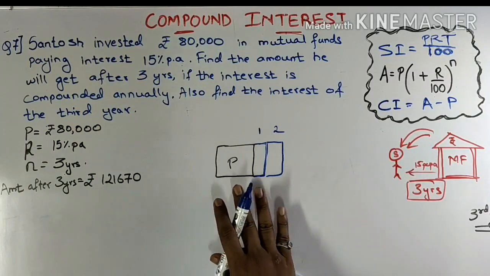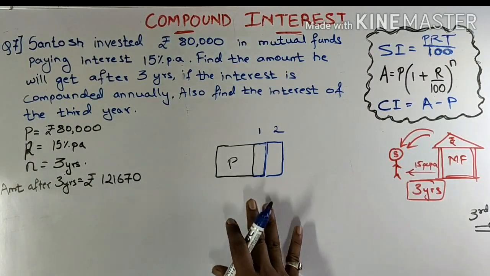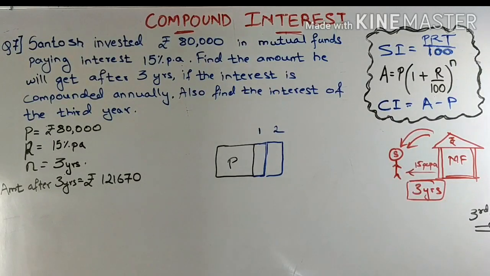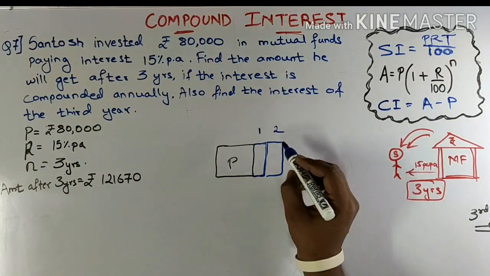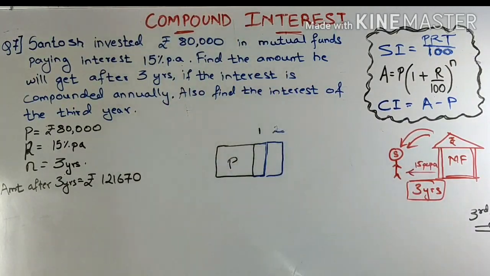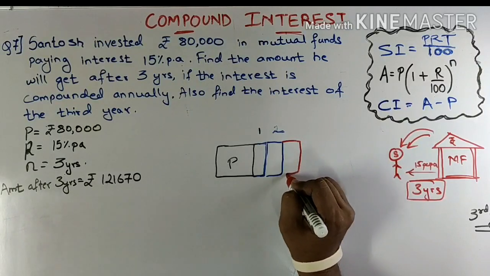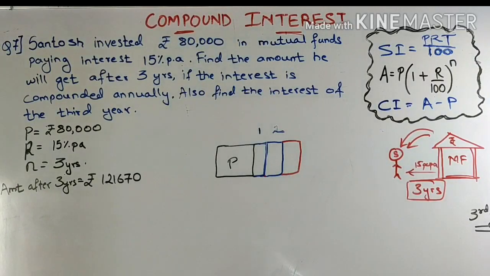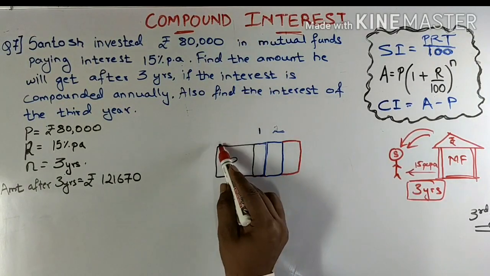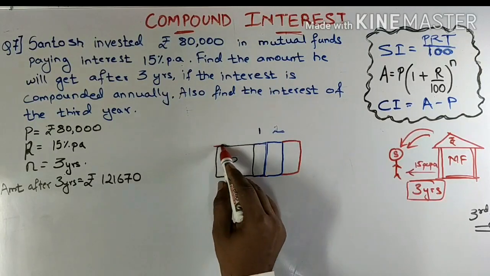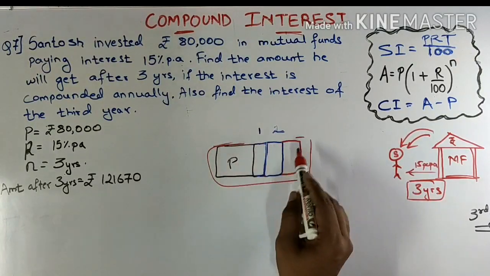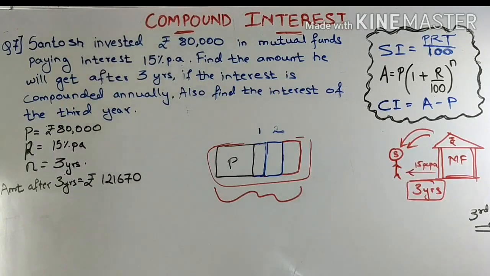The diagram is not in proportion to the actual amount, so this is just for basic understanding, a diagrammatic representation. So at the end of second year it will be this much, and at the end of third year the interest will be this much. So if we think like this, the total amount that I am receiving after 3 years is this much.